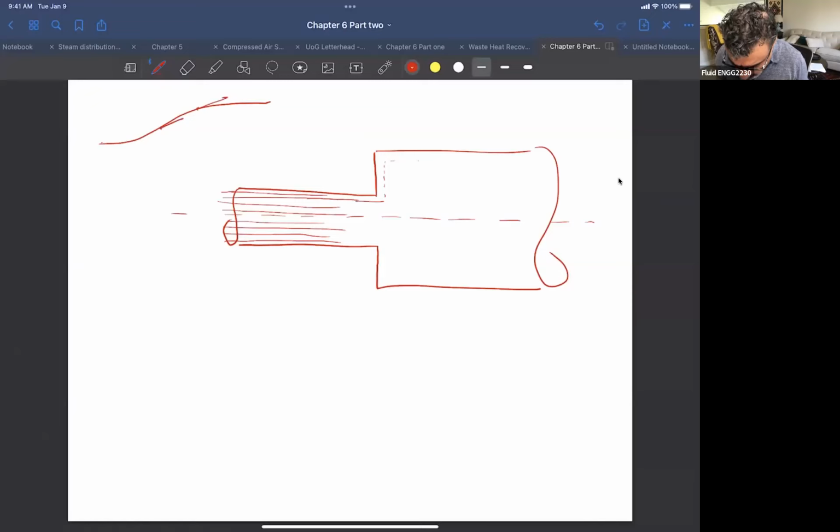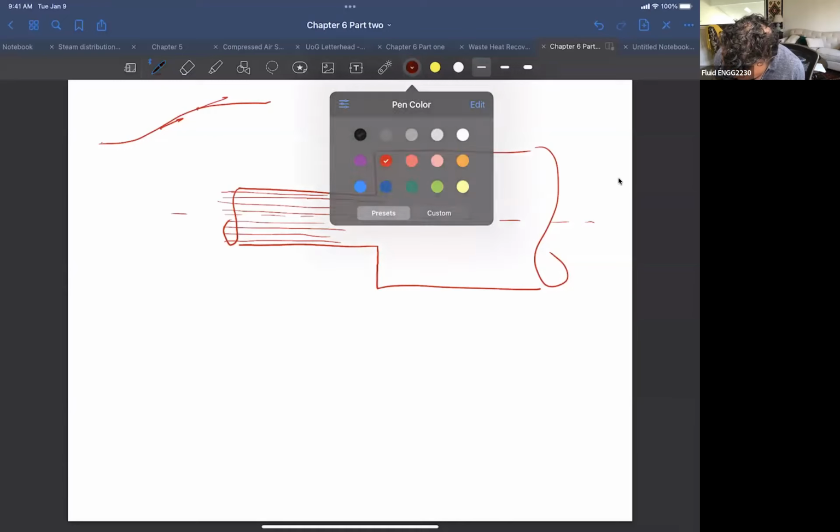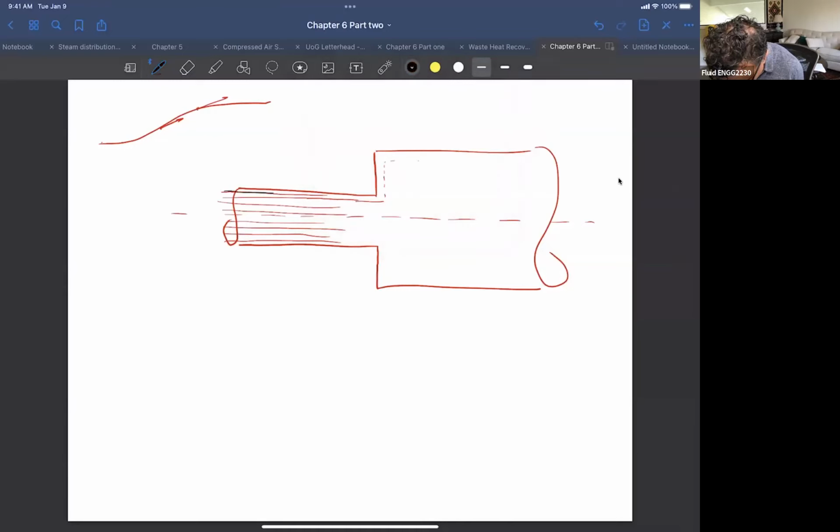Even the term streamlined, as a shape, is a very smooth transitional shape. So these streamlines will move like this, and then try to take the other diameter.